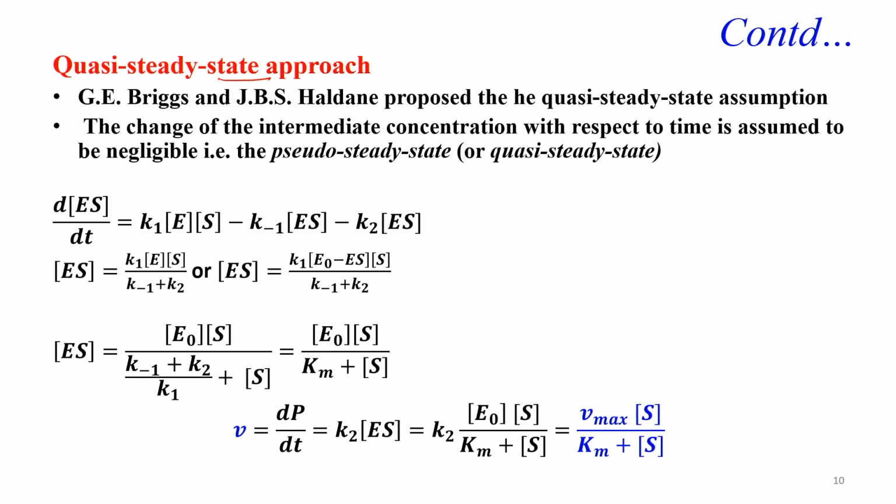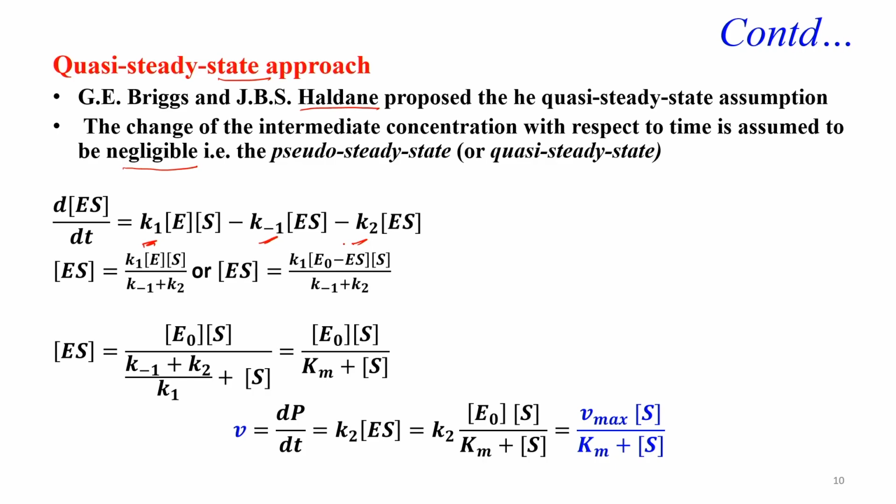This was proposed by Briggs and Haldane. What it says is the change in the intermediate concentration with respect to time is assumed to be negligible. So, we have to consider d[ES]/dt with K1, K minus 1 as well as K2.